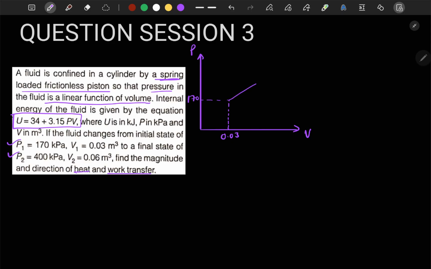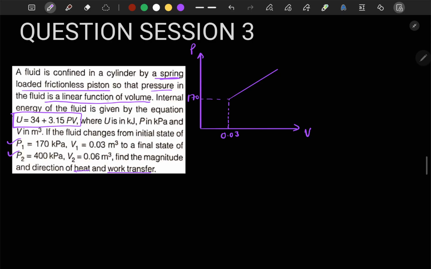Since the pressure in the fluid is a linear function of the volume, we will consider it linear and get our pressure, 400 kilopascal, and volume of 0.06.